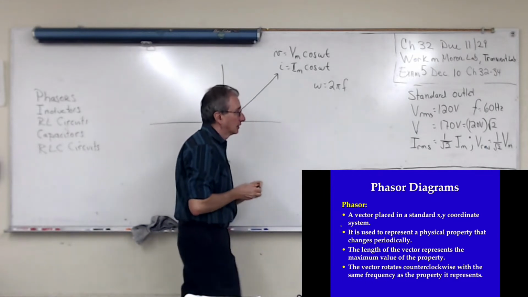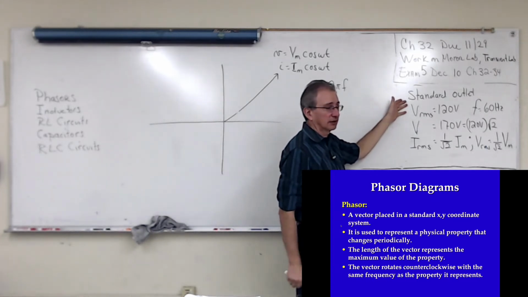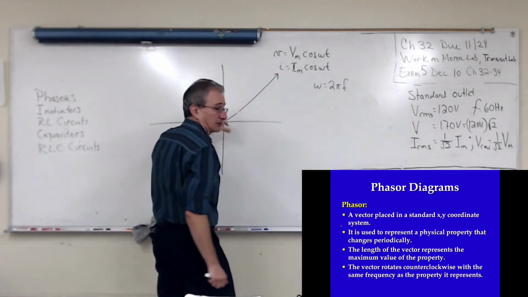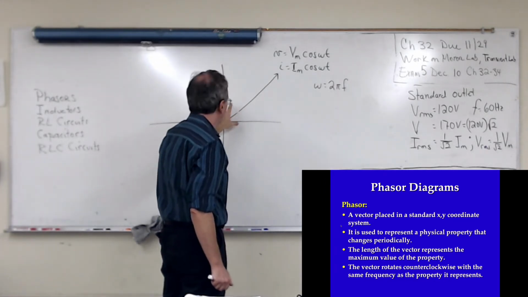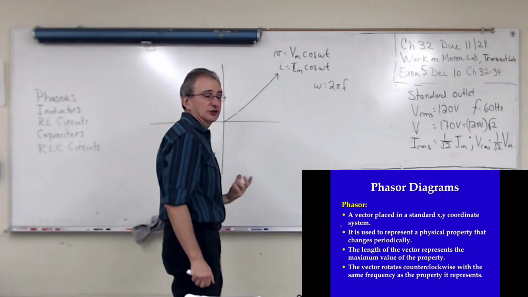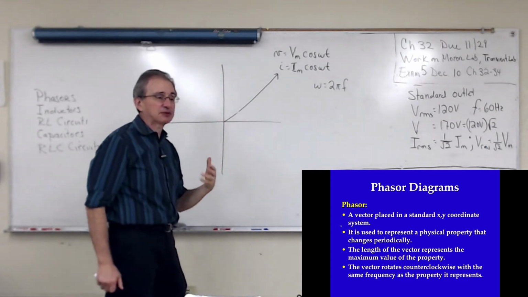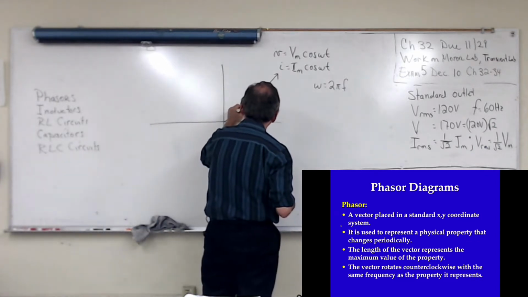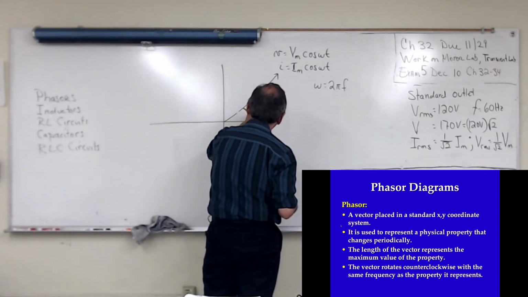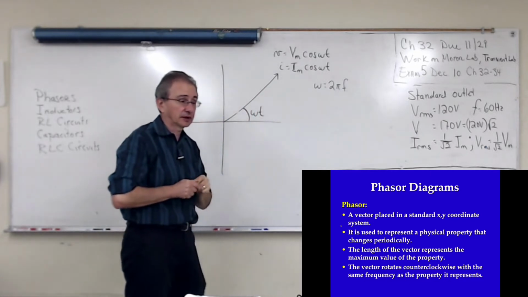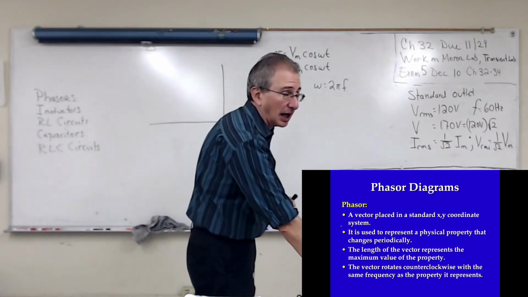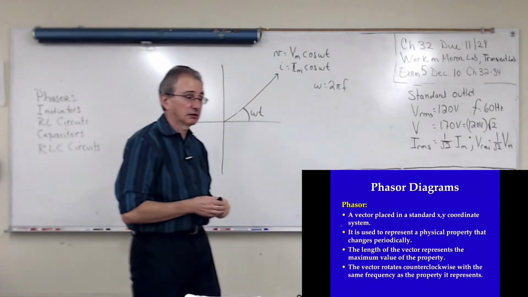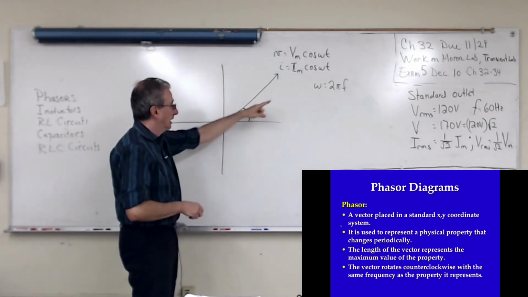So for something coming out of the standard outlet, 60 hertz, imagine this thing does 60 cycles in one second. And we're just going to look at a snapshot of it at some particular instant in time. This angle is omega times time. It rotates counterclockwise with the same frequency as the signal.